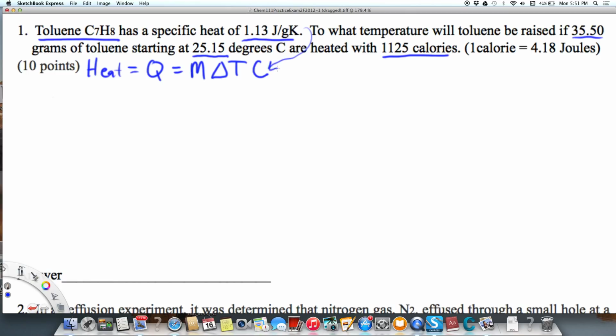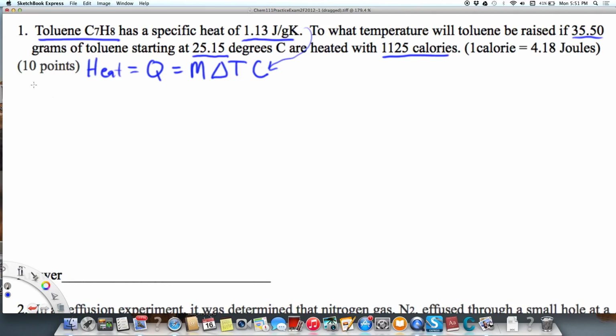So every substance absorbs heat differently, and for toluene, it takes 1.13 joules of heat to raise the temperature of 1 gram of toluene 1 Kelvin, or, as you know, 1 Kelvin is equal to 1 degree Celsius.